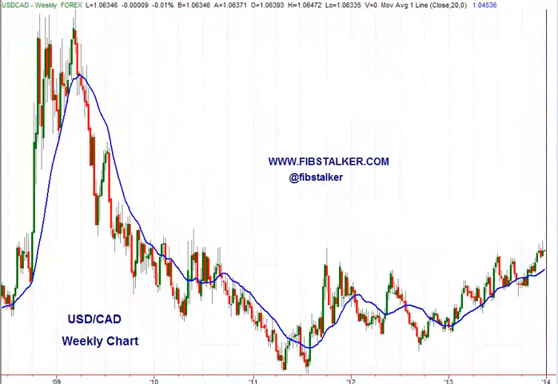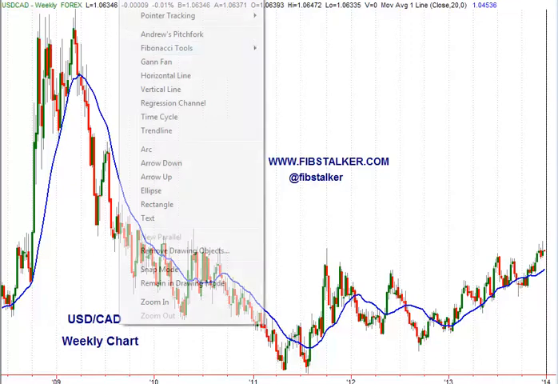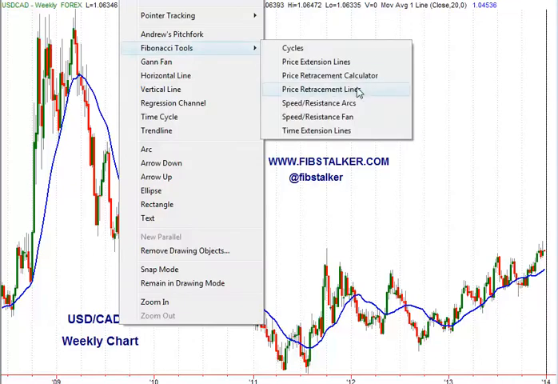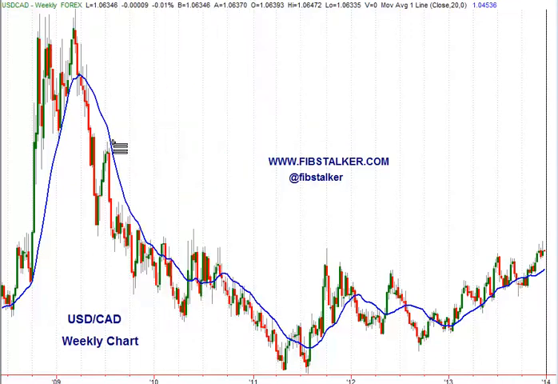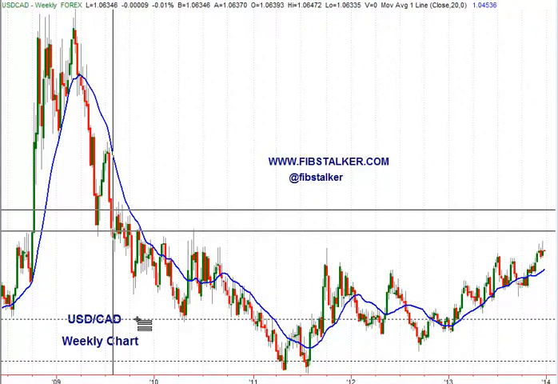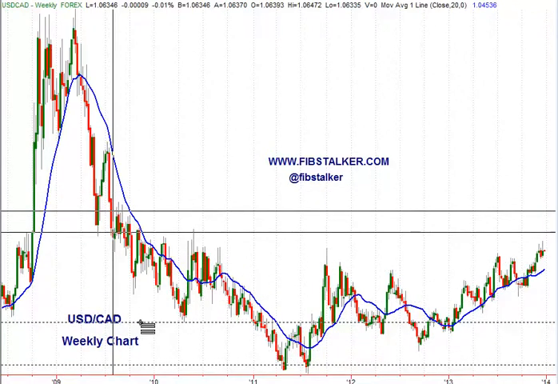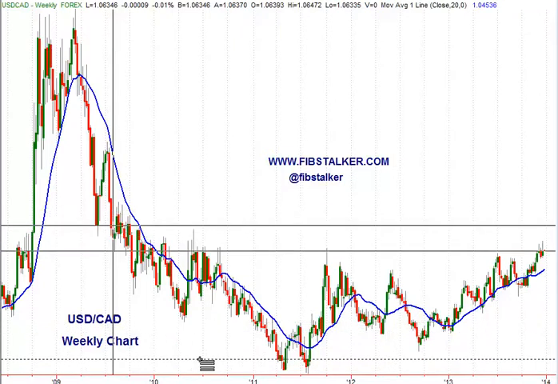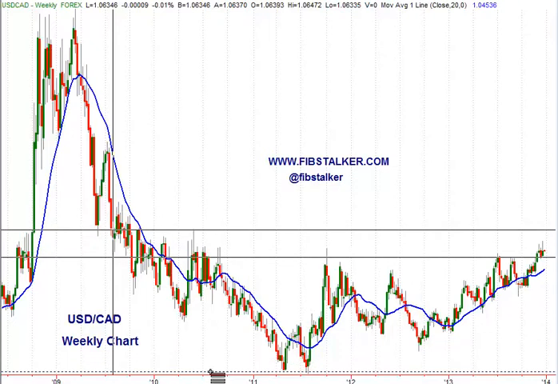Moving to the US dollar versus the Canadian dollar, we know that this market is actually seeing some strength from the US dollar, and we had this sequence of measure move.